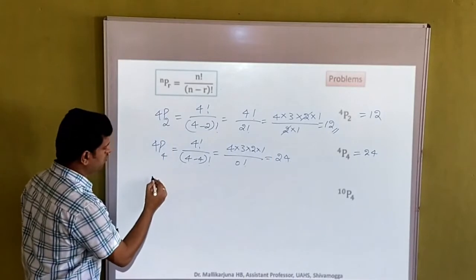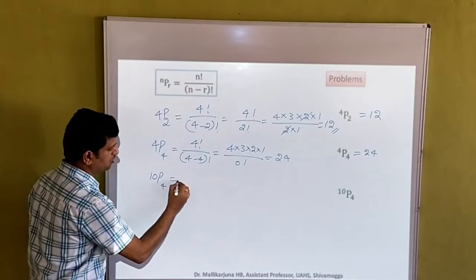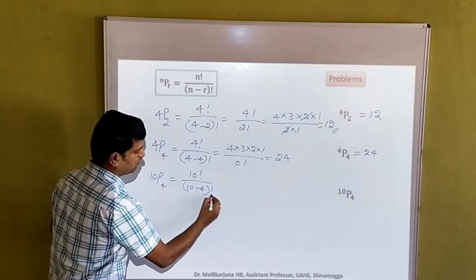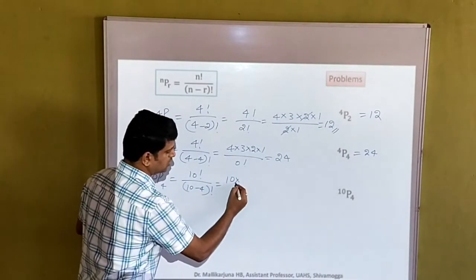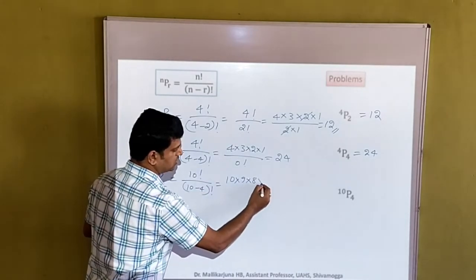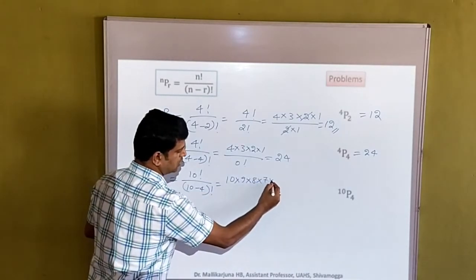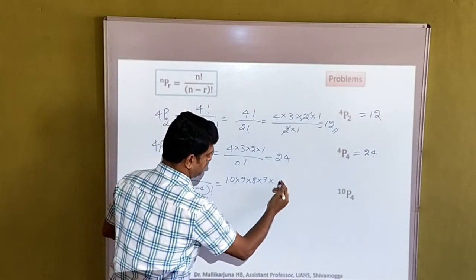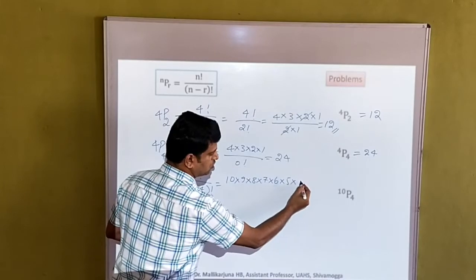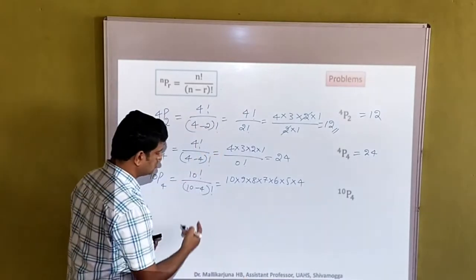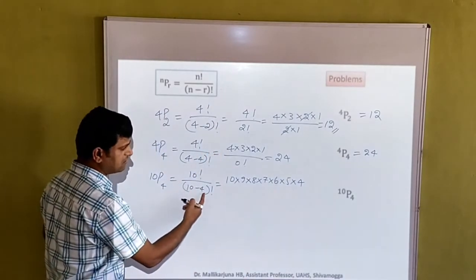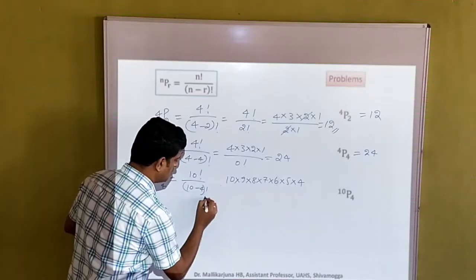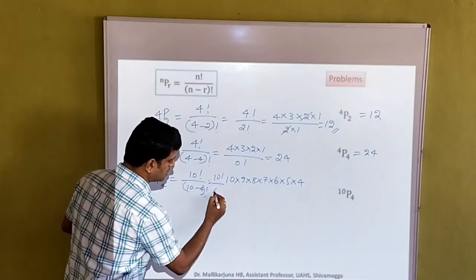Then 10P4, 10 factorial divided by 10 minus 4 factorial, 10 into 9 into 8 into 7 into 6 into 5 into 4. So here 10 minus 4 is 6, so 10 factorial divided by 6 factorial.